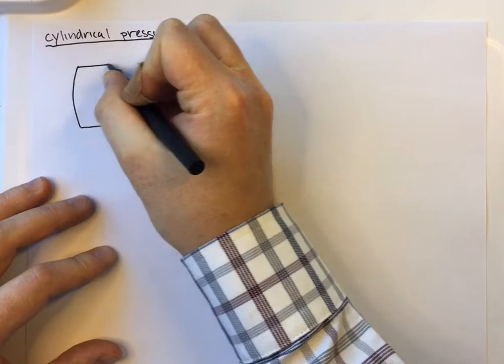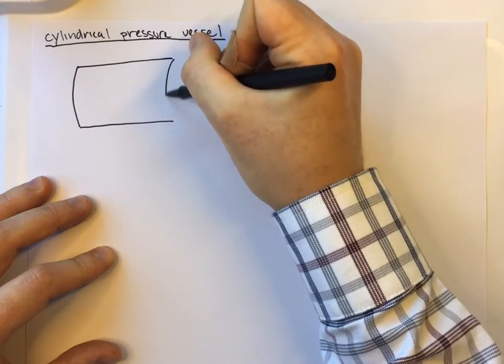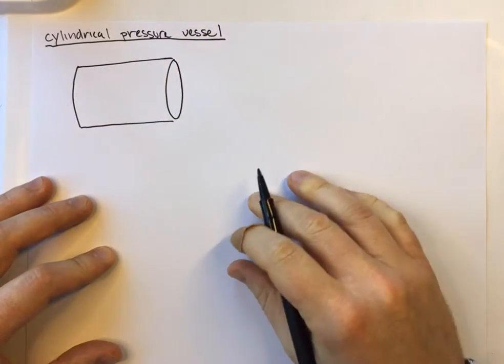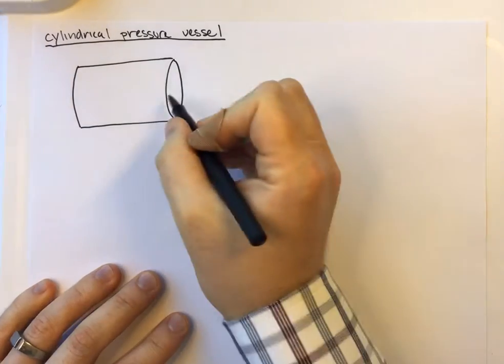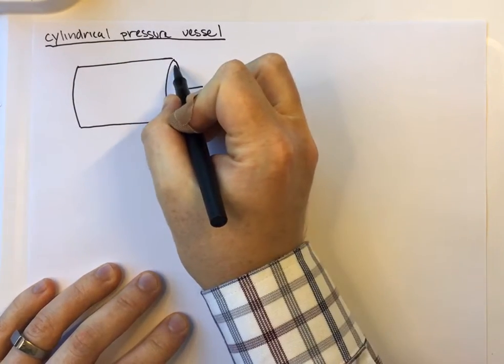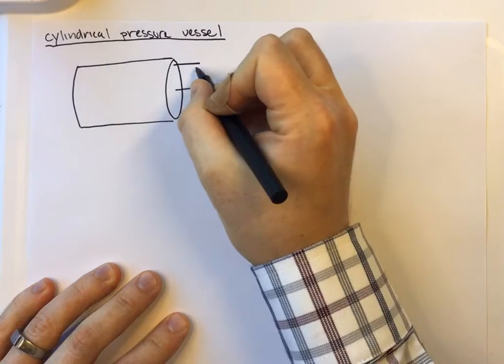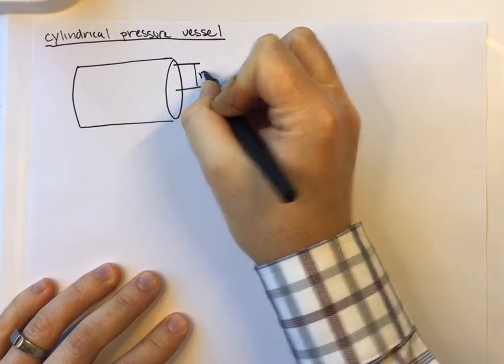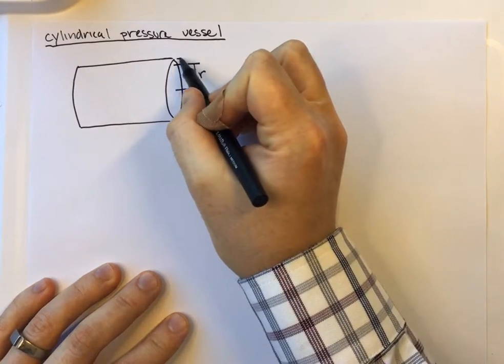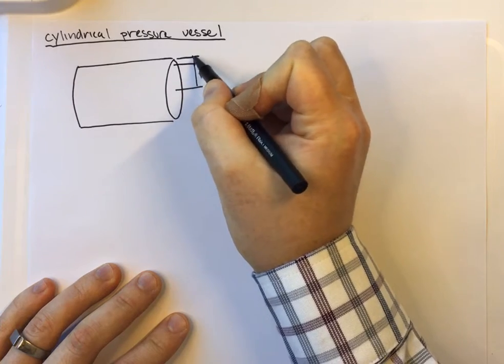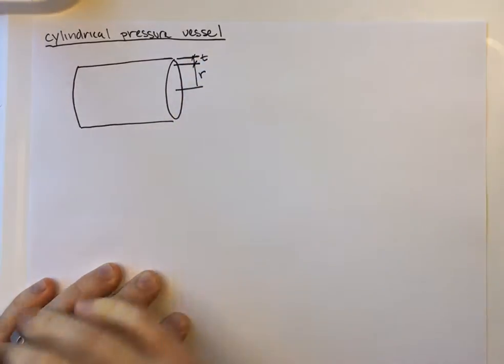This is my cylindrical pressure vessel. And it's got some inner radius, so I'm going to draw that down here. I'm going to call that R. And it's got some thickness, T. That's going to be the wall thickness.